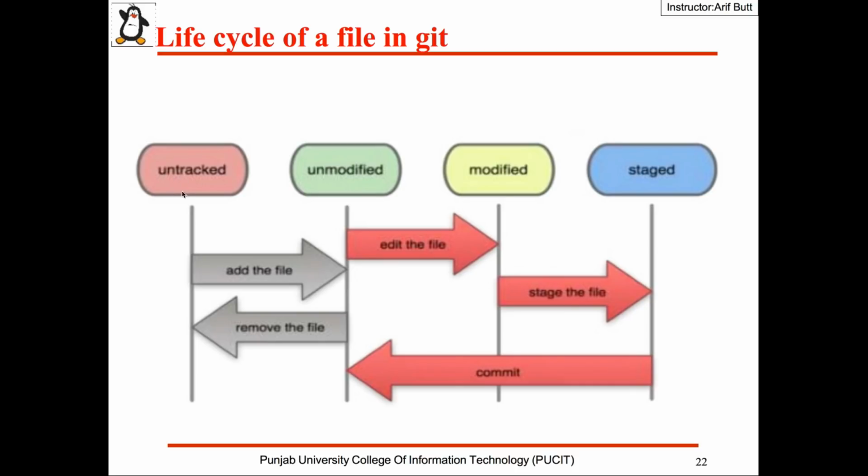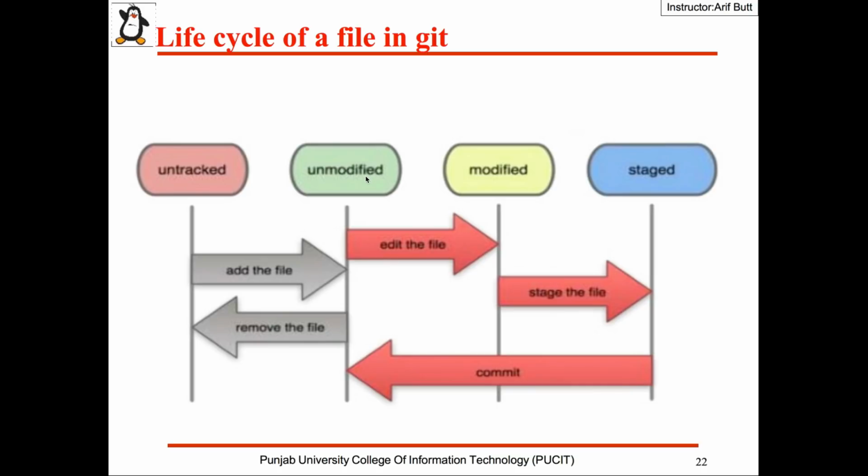Untracked means all the files that are just created and have never been in the staging area or the repository, while all the files which have been added at least once or that were there in the last snapshot are called tracked files, and the tracked files can be either unmodified, modified, or staged.